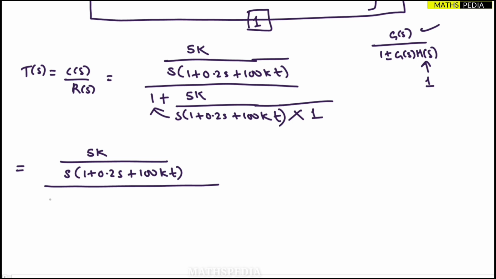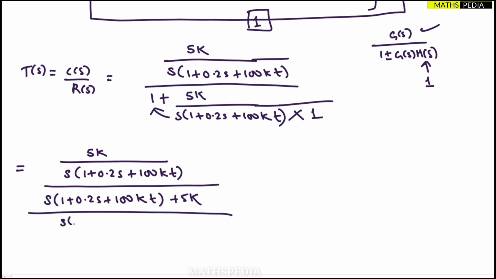So 1 you just multiply, it will be s into 1 plus 0.2s plus 100 kt, plus 5k, whole divided by s into 1 plus 0.2s plus 100 kt. I'm just taking the LCM. Okay, I hope you understood. LCM basically means here 1 is there, the denominator is nothing, so it will be 1. Here this guy is sitting, so just multiply with this one. That is nothing but LCM.